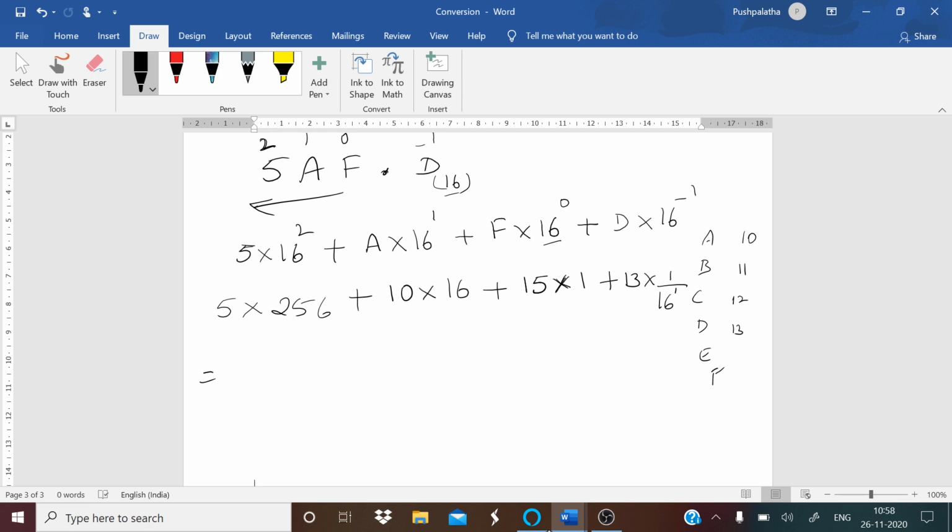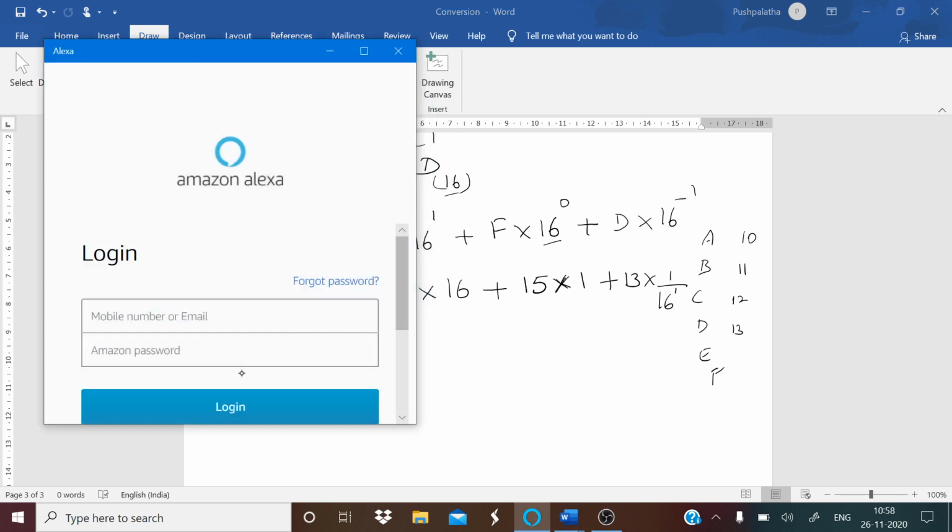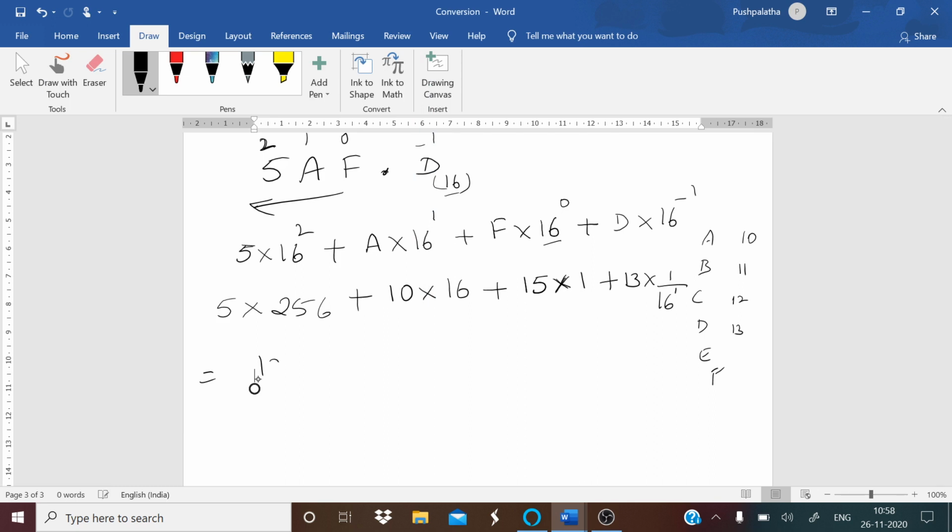So what is 256 into 5? 1280, plus 160, plus 15 ones are 15, plus 13 into 1 divided by 16. 1 divided by 16 gives you 0.0625. Right? So add the integer part, that is 1280, 160 and 15.